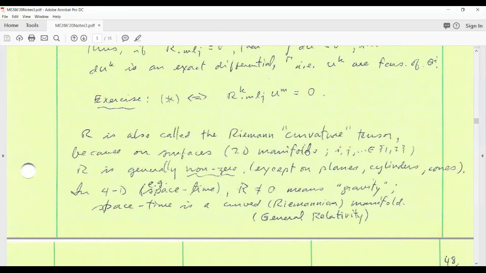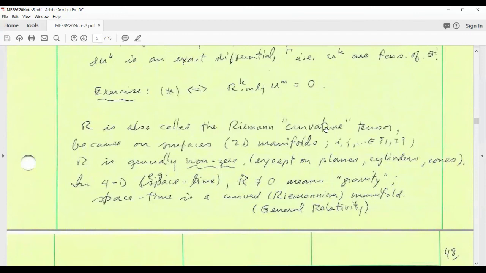For a 2D manifold, the indices just run from 1 to 2, so there are a lot fewer of them to worry about. There are exceptions to that. For example, on a flat surface, like a plane, the Riemann tensor is 0. That's also true on cylinders, cones, and so on. So for certain special surfaces the Riemann tensor is 0, but in general it's not 0.